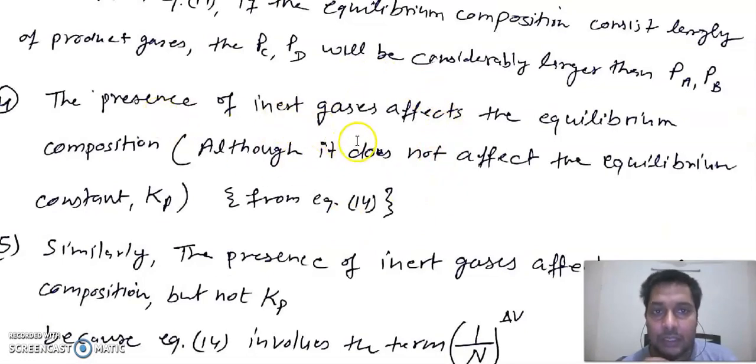The presence of inert gases affects the equilibrium composition, although it does not affect the equilibrium constant.